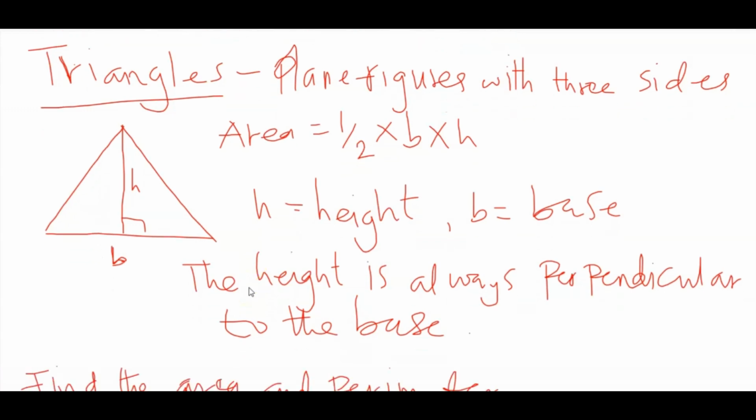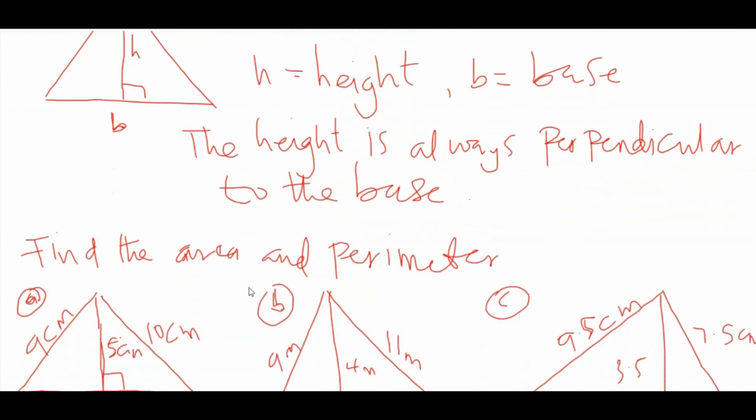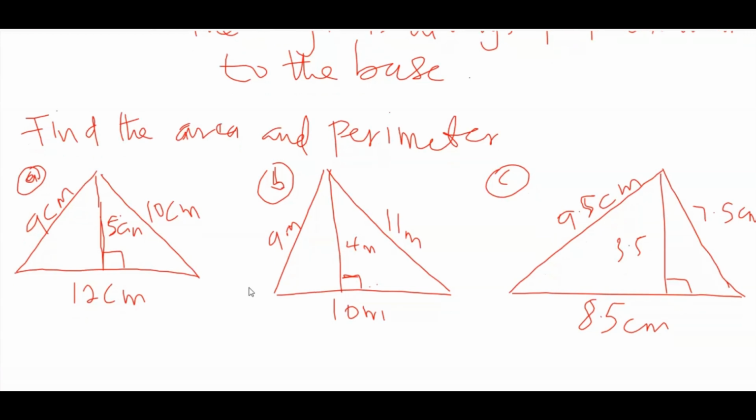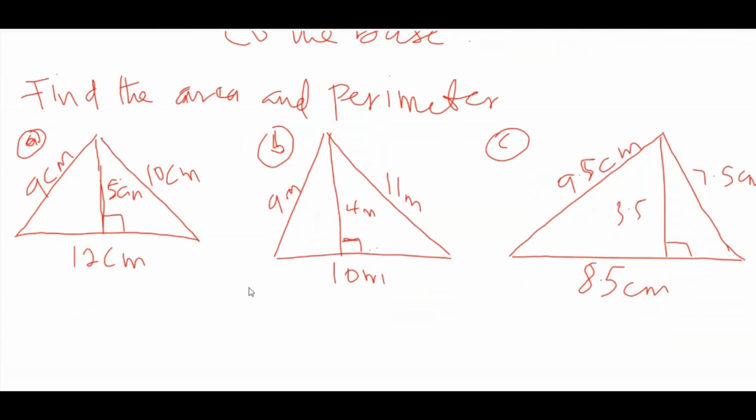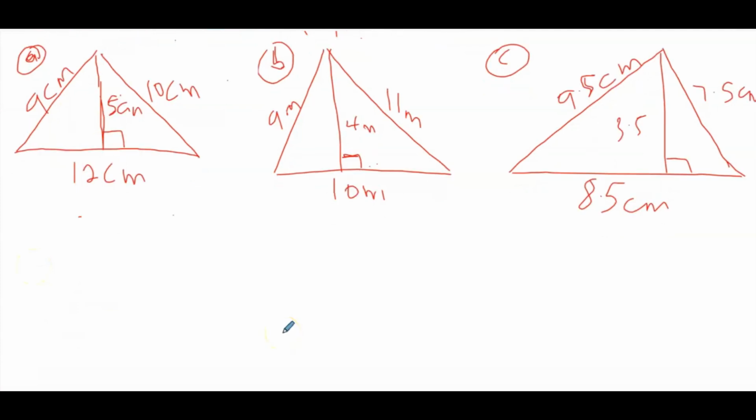Quickly, I want us to look at this question. You're supposed to find the area and perimeter of these triangles. Let's consider the first triangle.